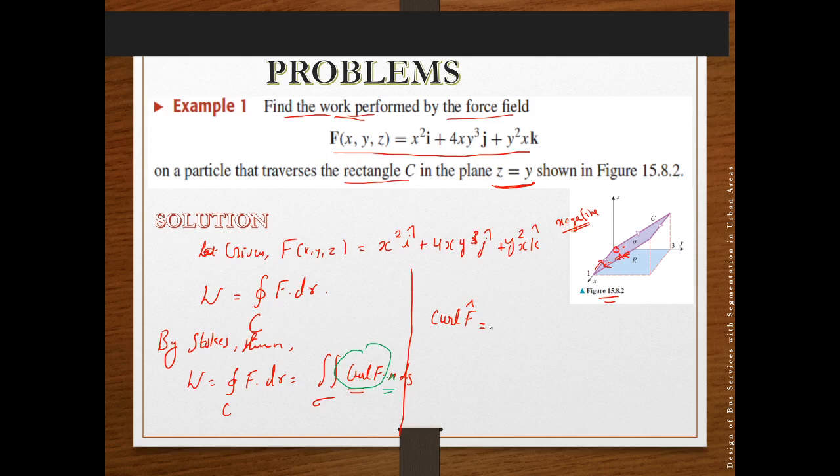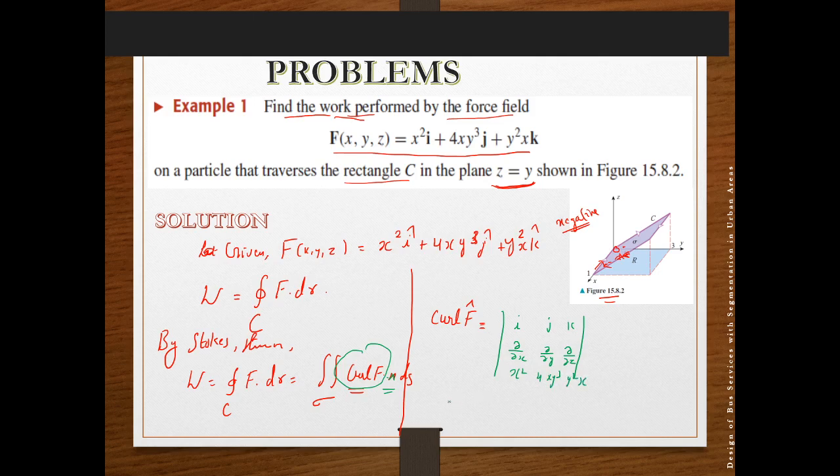So what is curl F? It is the determinant with i, j, k; del by del x, del by del y, del by del z; and here x squared, 4xy cubed, y squared x.